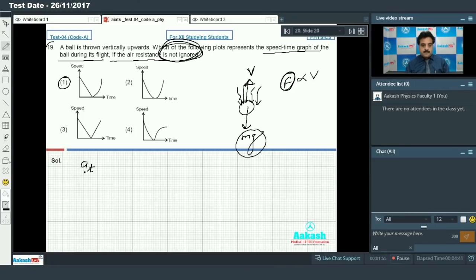Solving the graph with the help of slope is easy, and I know the slope of a speed time graph gives us tangential acceleration. If I take only acceleration instead of force, then we will see, because acceleration due to gravity is acting downward, plus kV. Why are we going to use kV? Because, as I said, the acceleration is directly proportional to the velocity of the ball.